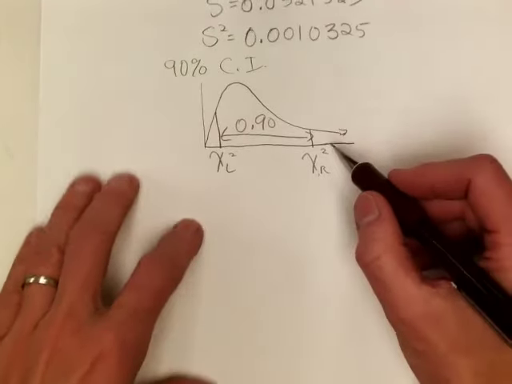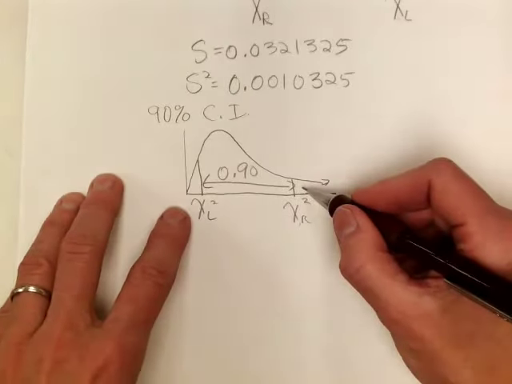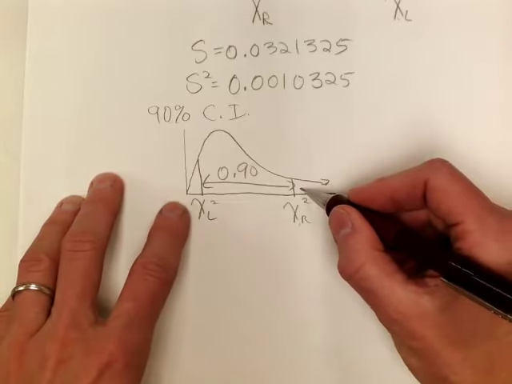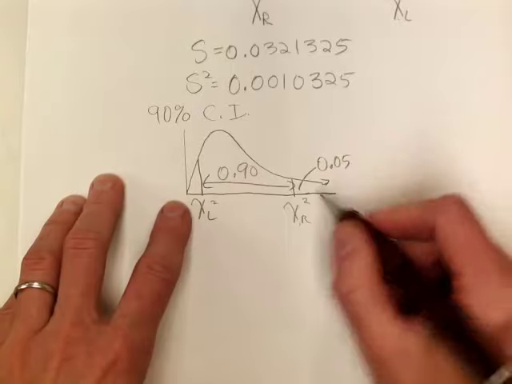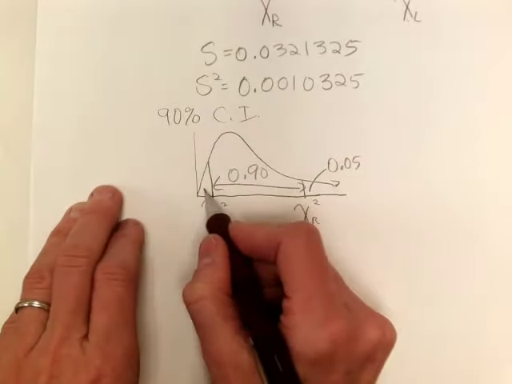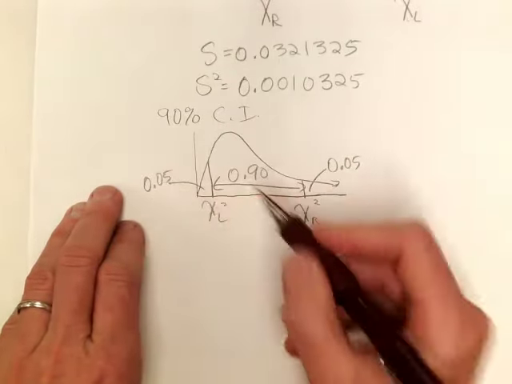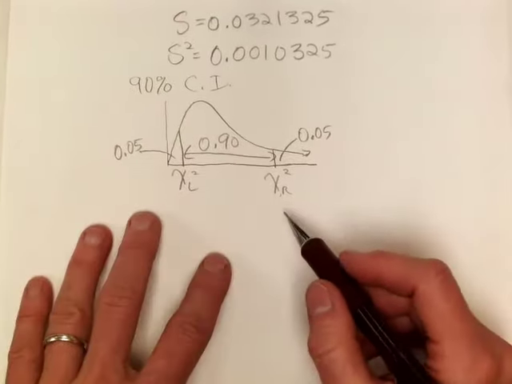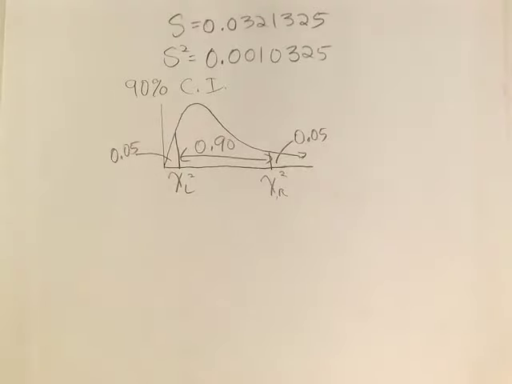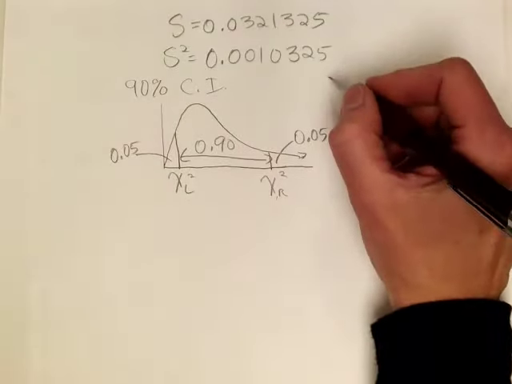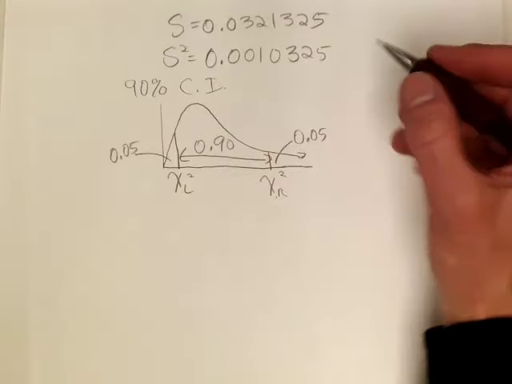So what I want to do is partition these two tails so that I have an equal amount of area. There'd be 0.05 area in this upper tail and 0.05 area in this lower tail. Our table reads this way, so I can go directly to the chi-square table. Now remember, if our sample size, what was that, 15?